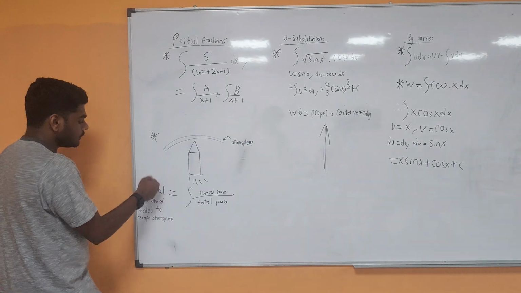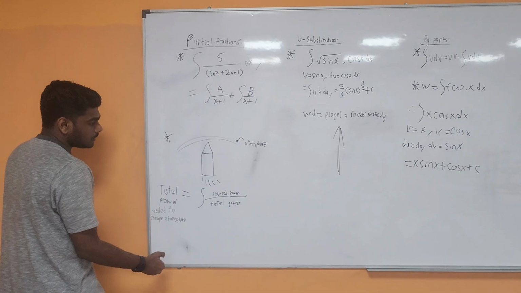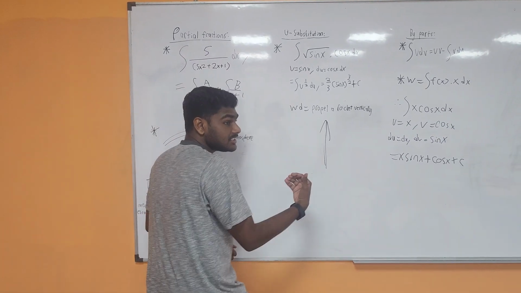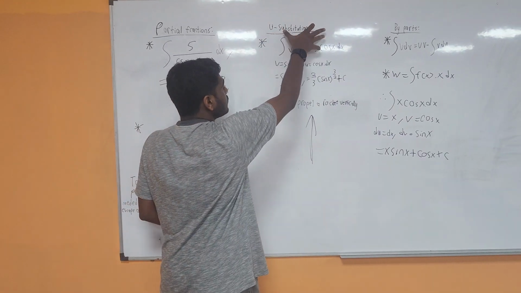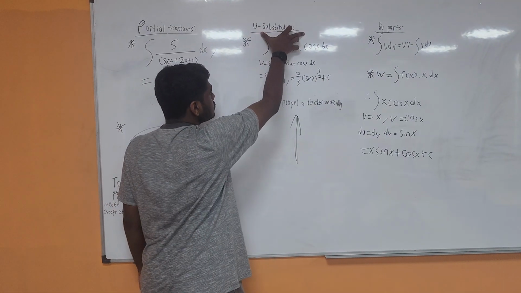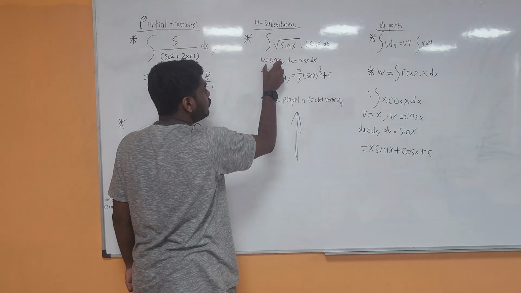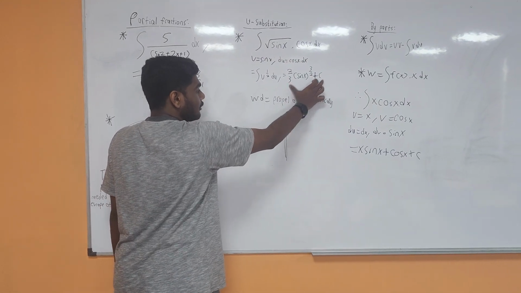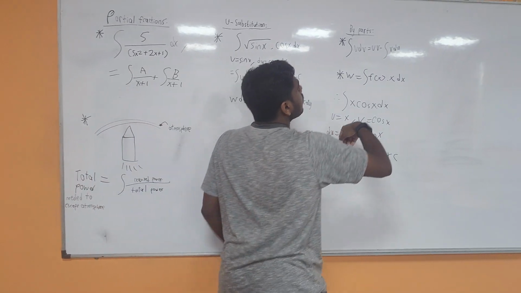As an example, the total power needed to escape through the atmosphere using a rocket is usually found by partial fractions. Additionally, another technique is substitution, in which case we find the value of u, differentiate it, substitute it, and integrate it to find the final answer.